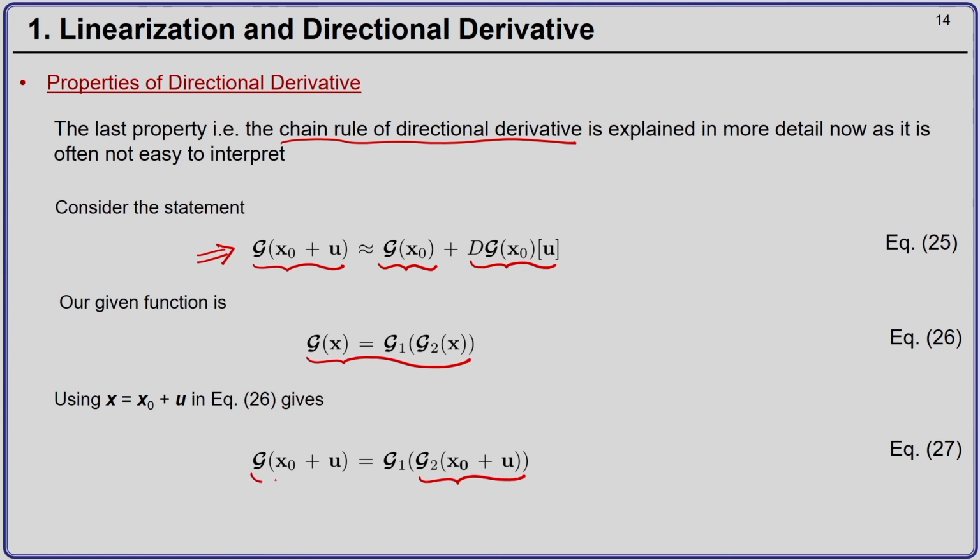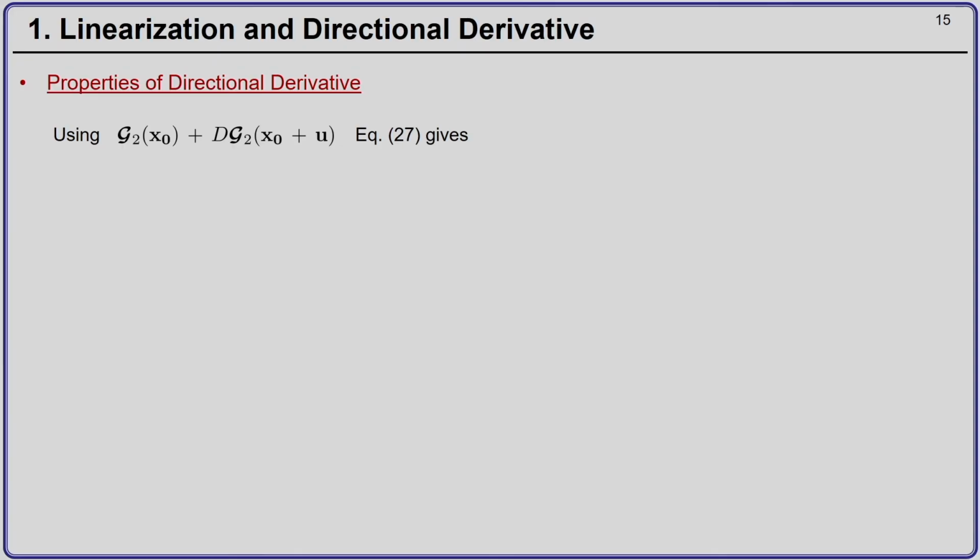We want to get the directional derivative of G at x 0 plus u. So, using equation 25 for G 2, we see G 2 is G 2 at x 0 plus the directional derivative of G 2 at x 0 in the direction u.